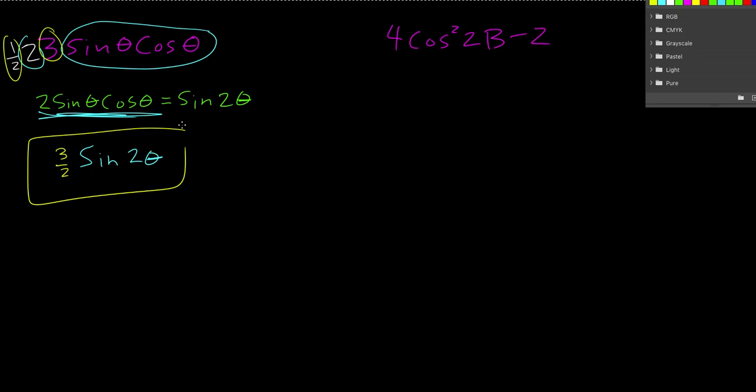And so for this next one, we can get, let's see, so we have a cosine squared in there. Okay, so we want to look at this one.